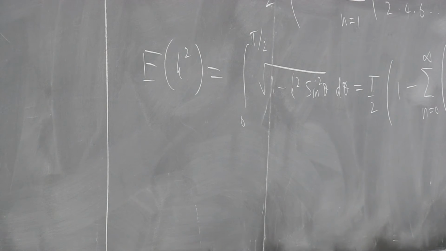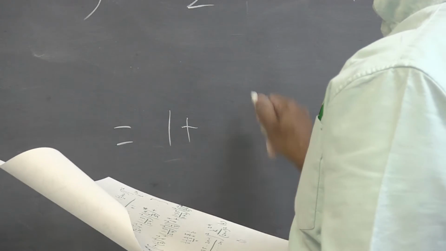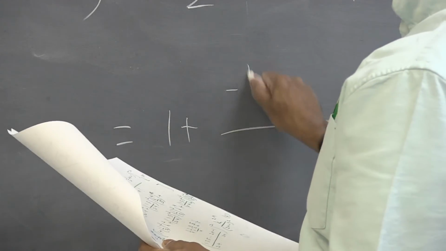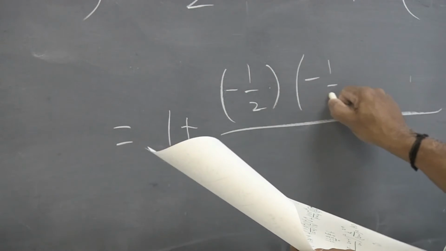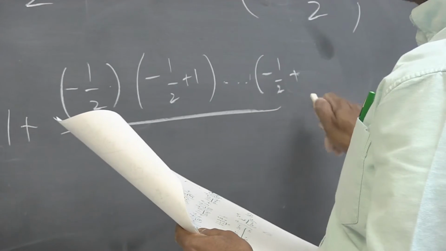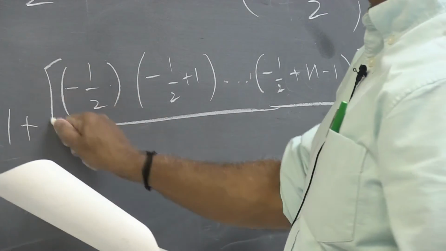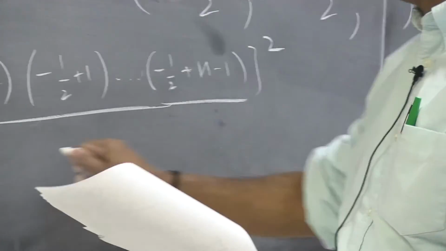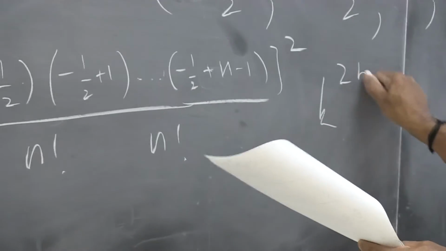If you simply use the definition of the hypergeometric summation, for example, this will be 1 plus the minus half, the first term, multiplied by minus half plus 1, and so on, up to minus half plus n minus 1, the last term. This is twice from here, 2 times. The denominator is n factorial, k to the power 2n.